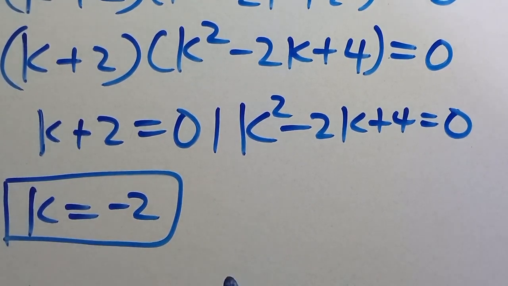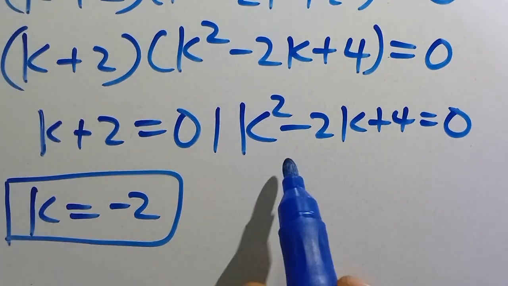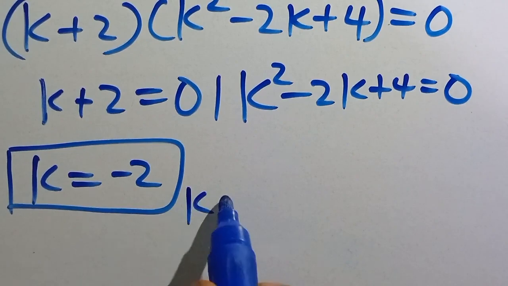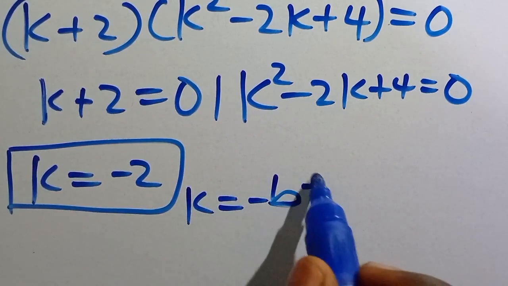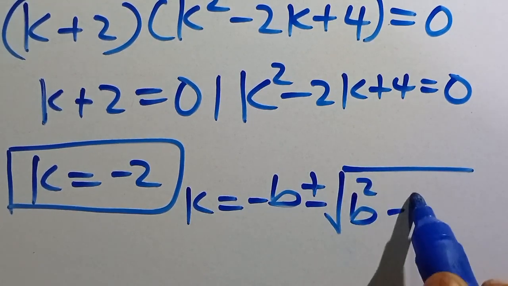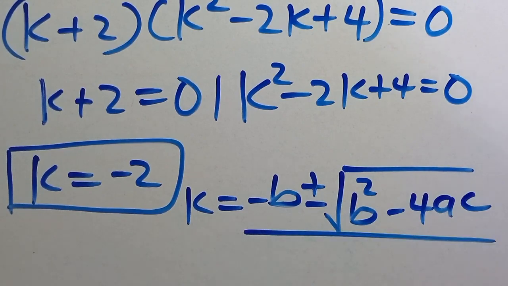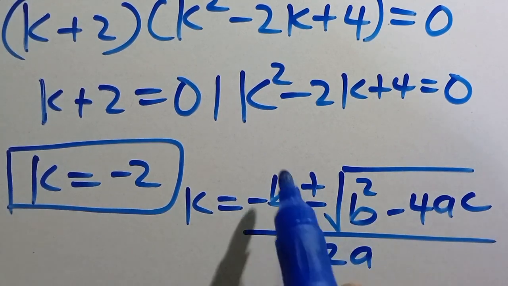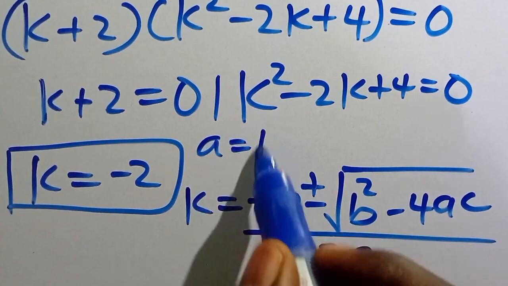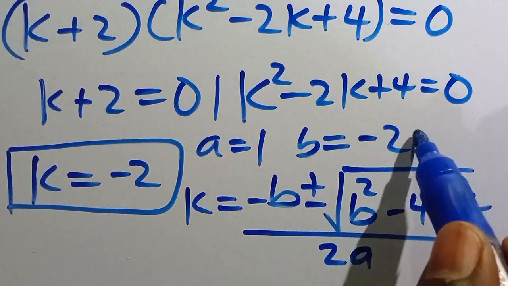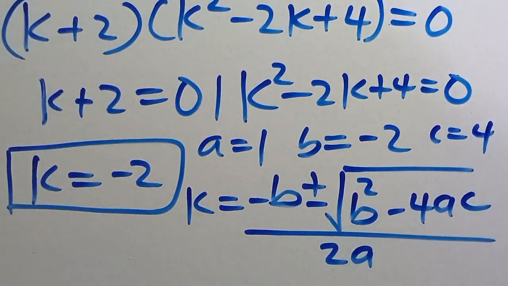While for this one, we can also find the possible values of k by using the quadratic formula, where k equals minus b, positive or negative, root of b squared minus 4ac, divided by 2a. The parameter a is the coefficient of k squared, which equals 1, b is the coefficient of k, which is minus 2, and c equals 4.